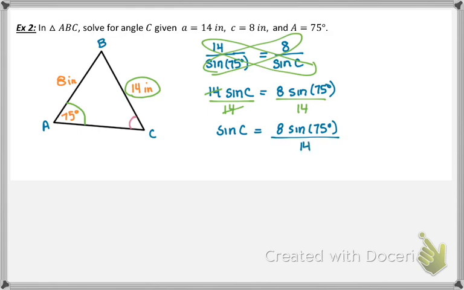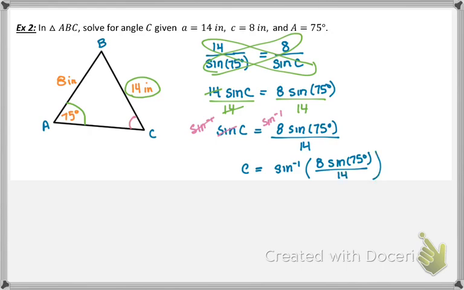And then finally, to get this angle by itself, if I want to undo that sine, we're going to take the sine inverse of both sides, just like what we would do when we have a right triangle and we're looking for an angle. Take the sine inverse, which cancels out the sine, and so the measure of angle C is equal to the sine inverse of all of this, 8 sine of 75 all over 14.